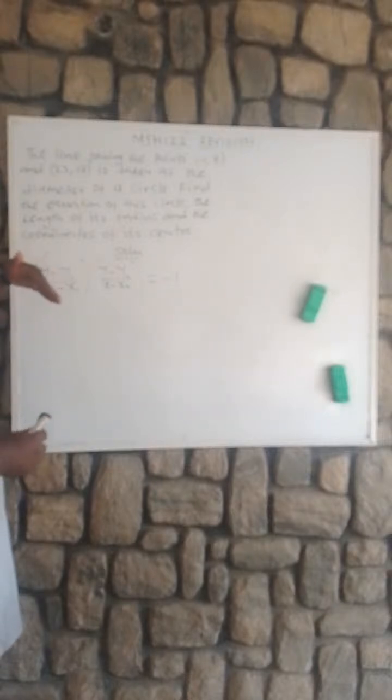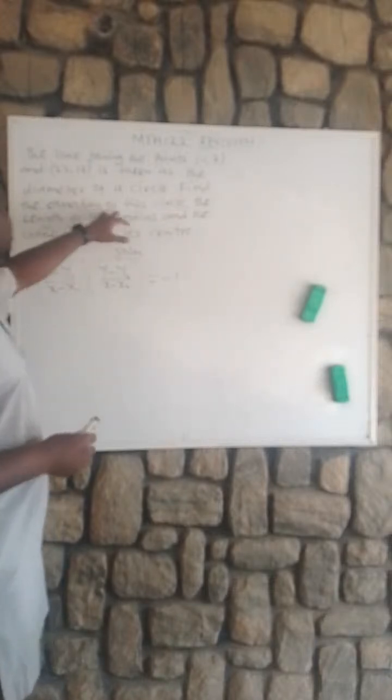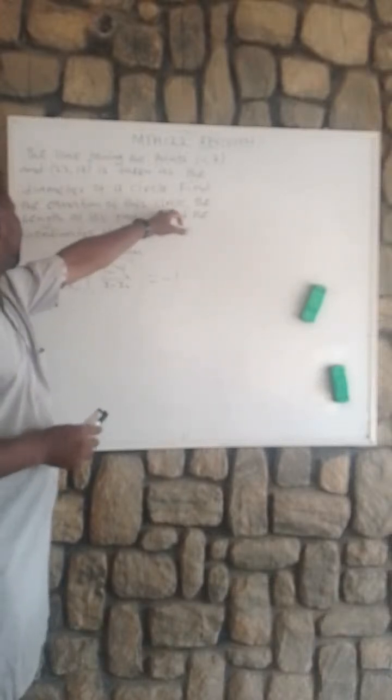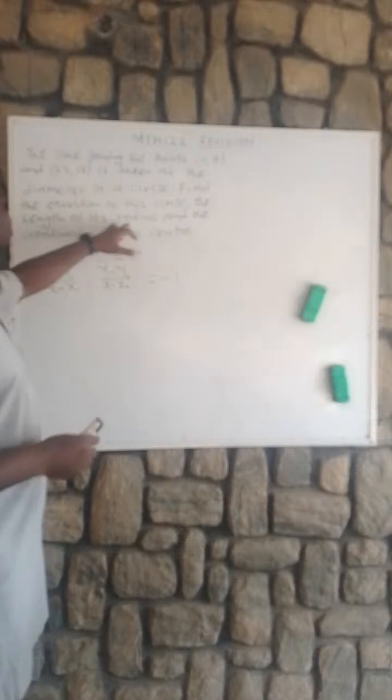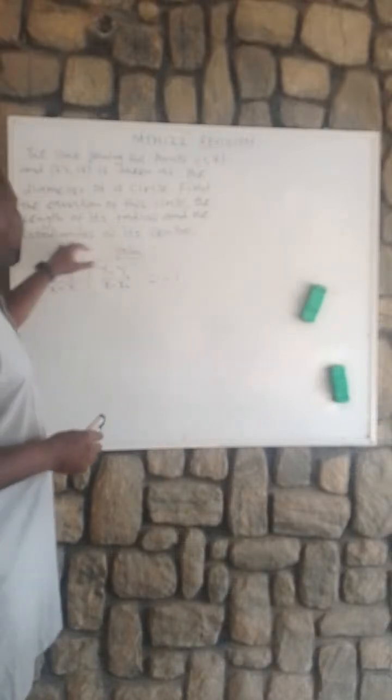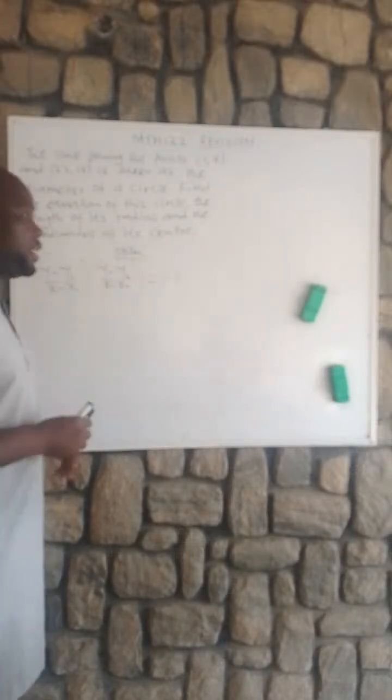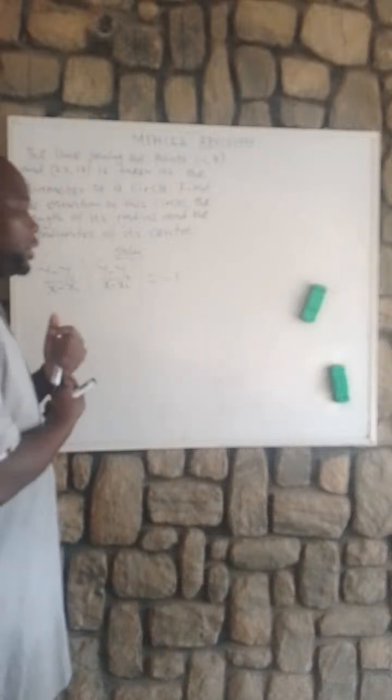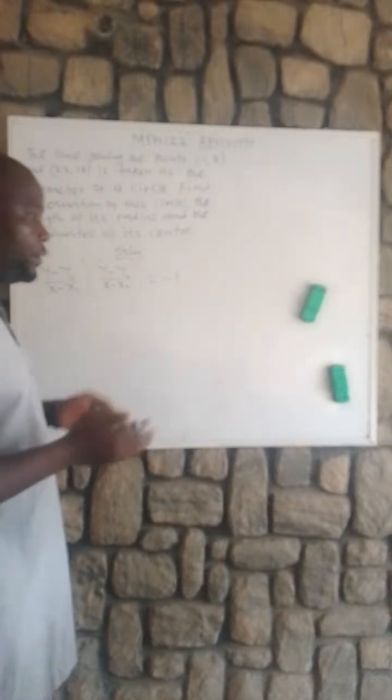In this question, we are asked to find three things. First, the equation of this circle, then the length of its radius, and the coordinates of its center.